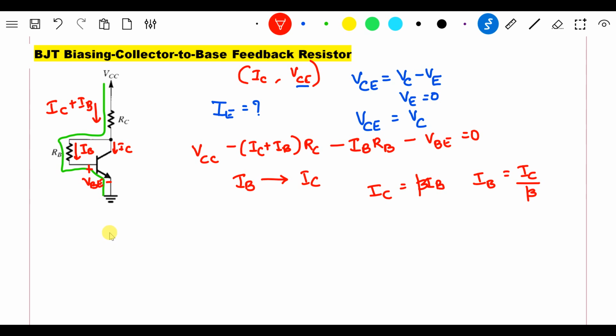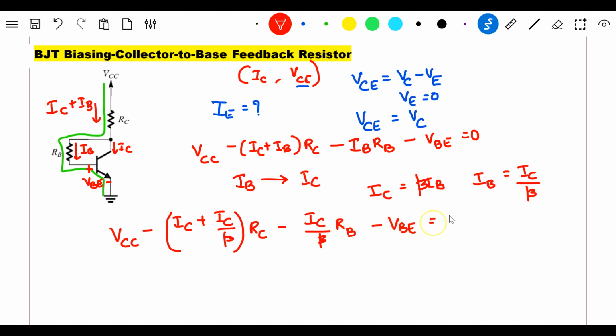So for that, what I'll get is VCC minus IC plus IC by beta into RC, minus IC by beta into RB, minus VB equals 0.